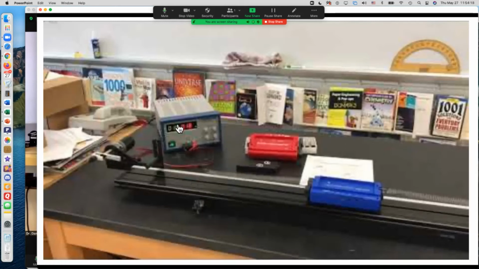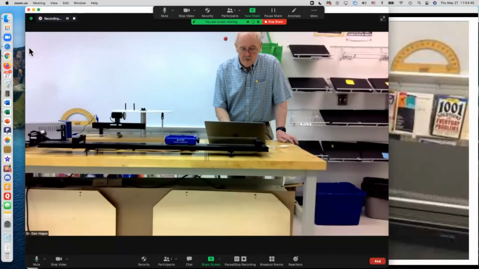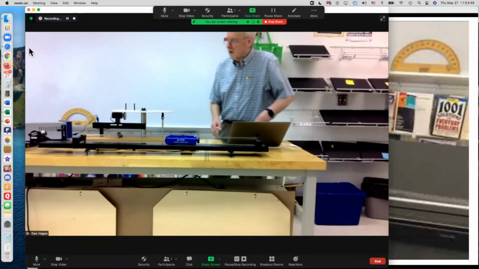And I use this power supply to change the frequency of that driving force. Now, I'm going to have to show it to you live so that you can see what goes on.